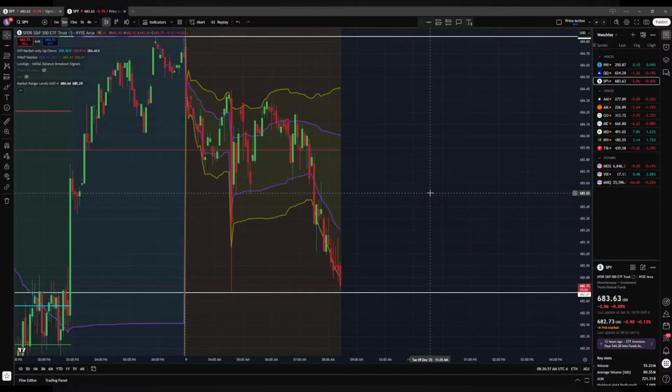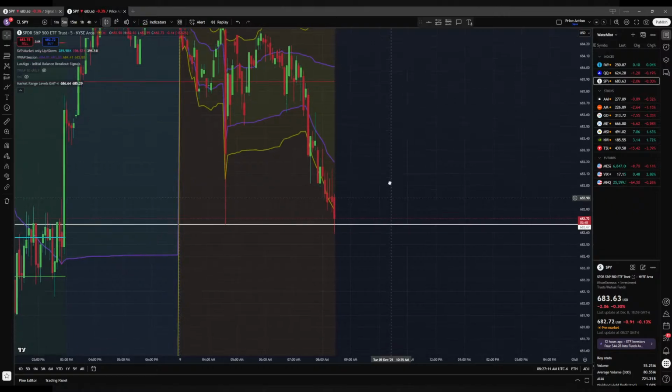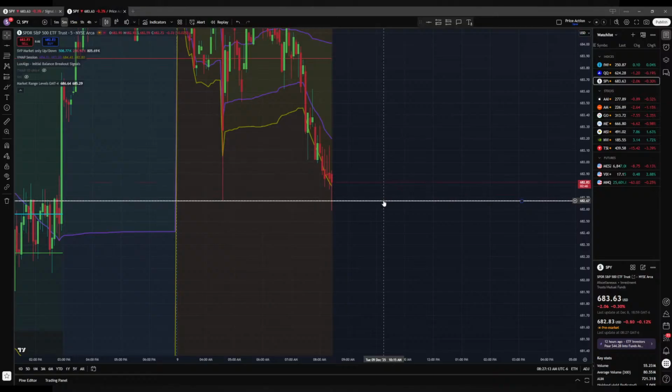So VAL, VAH, the 15-minute opening range, I like to trade that and do the same thing. And then the initial balance, high and low. I like to take the same setups based off of those levels too.